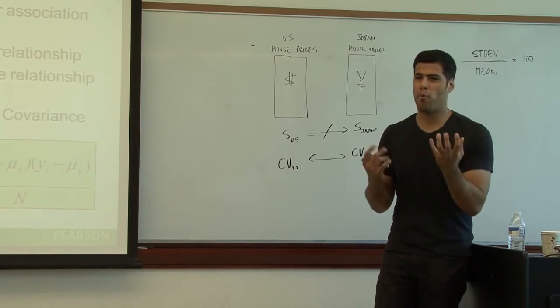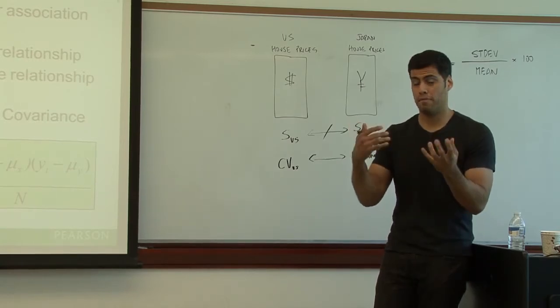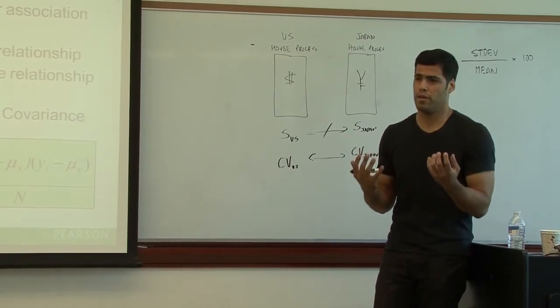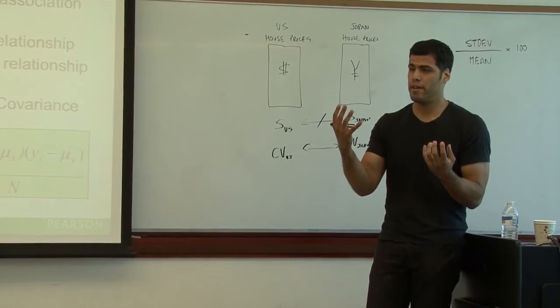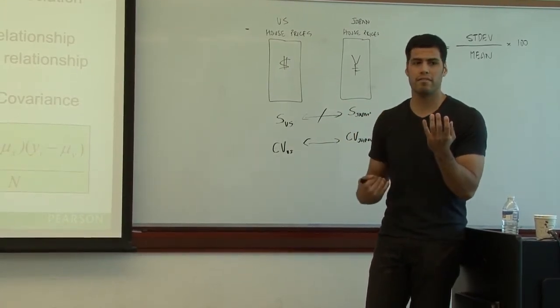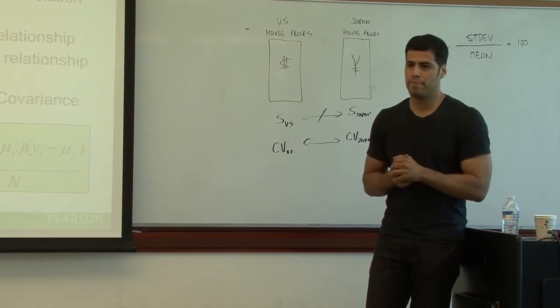Is variable y going up in value, I mean, right? When variable x goes up in value, what is variable y doing? Is it going up? If it is, then they're positively related. If it is going down instead, they're negatively related.